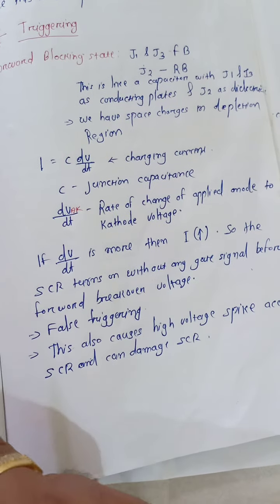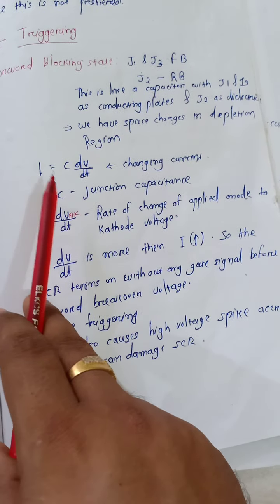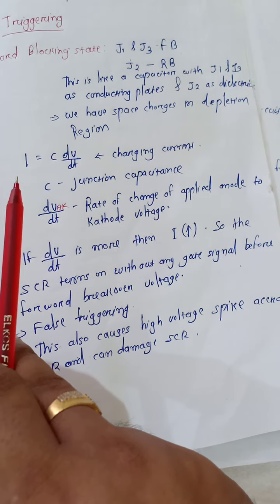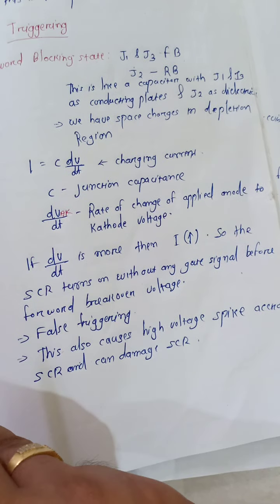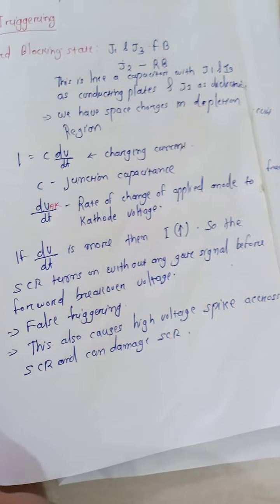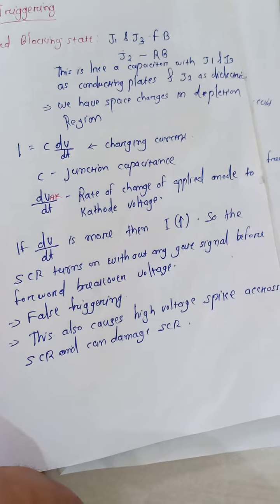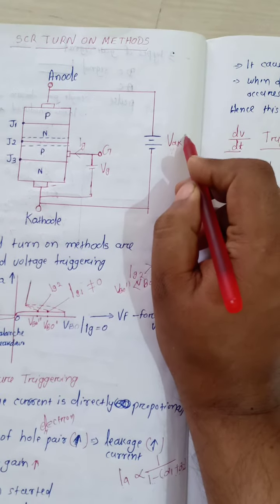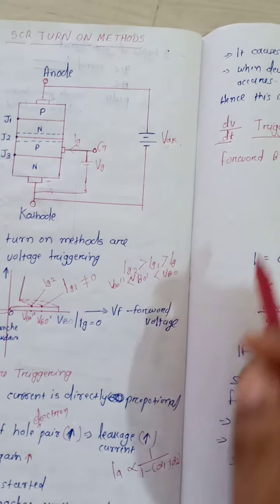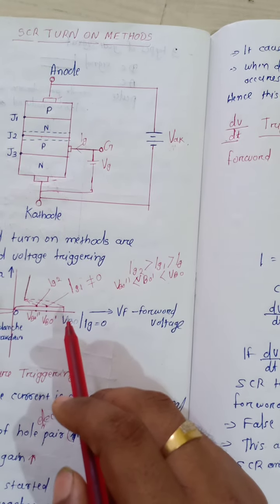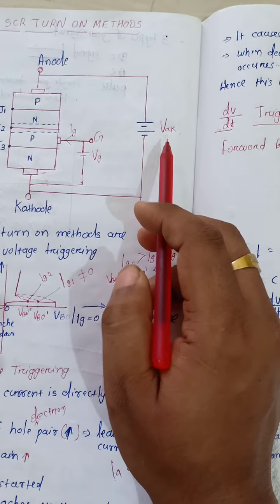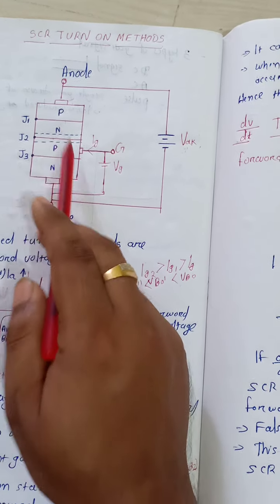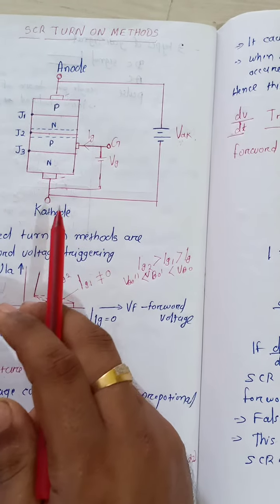That is, the charging current will be very high. So our anode current increases and the SCR turns on without any gate signal before the forward breakover voltage. So in forward voltage triggering we are increasing this value, and before attaining the value VBO, due to higher dV by dt, this SCR gets turned on, and this is also called false triggering, as this is unwanted.